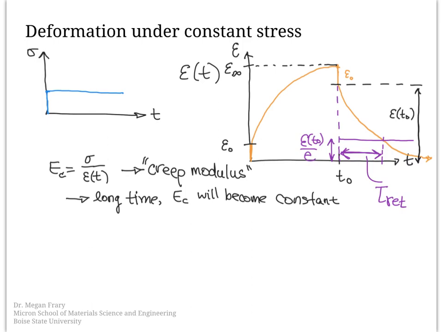So we're interested in this decrease here, so leaving behind a factor of 1 over e down to that point, and then we take the time from when the stress was released until the strain reaches this value, and this is called tau RET for the retardation time. So this is a measure of sort of how this relaxation process occurs. And of course, this behavior is going to be not only time dependent, but very temperature dependent as well.